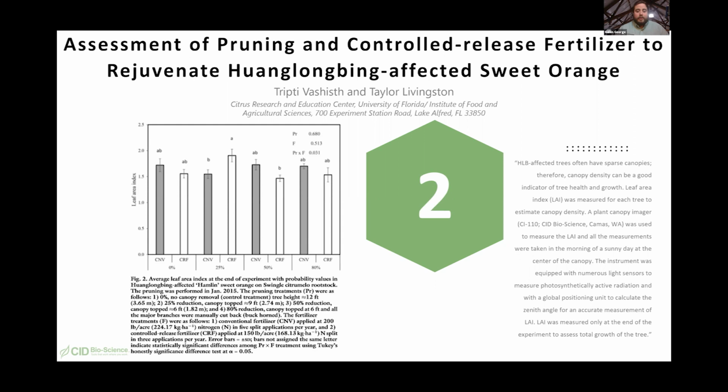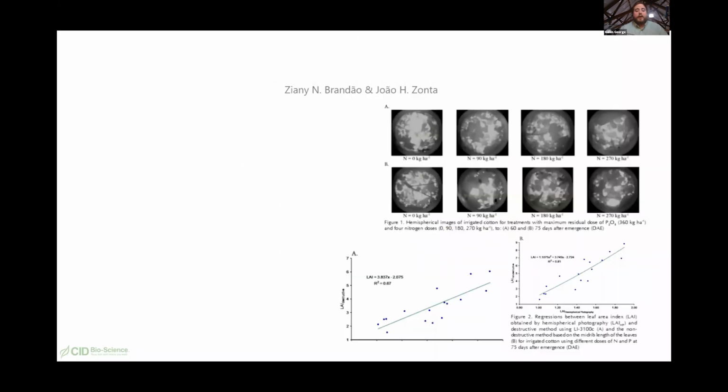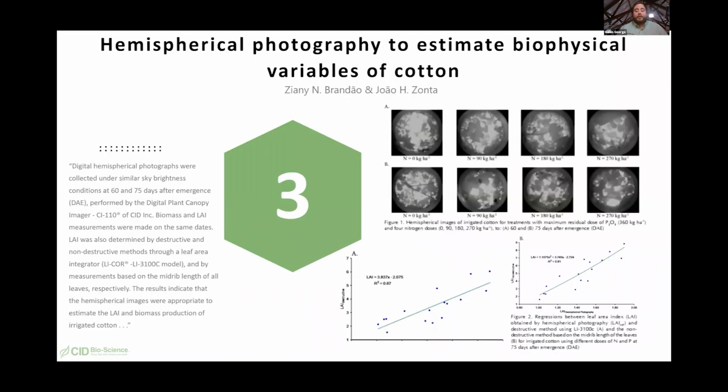So the next study that we picked was looking at another agriculture type situation where they were essentially looking at finding a way to use hemispherical photography to estimate things like the biomass production and the yield, as well as the LAI of these crops.